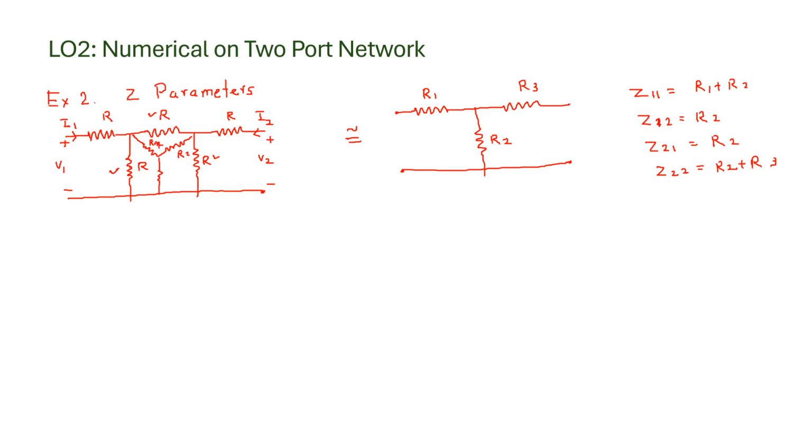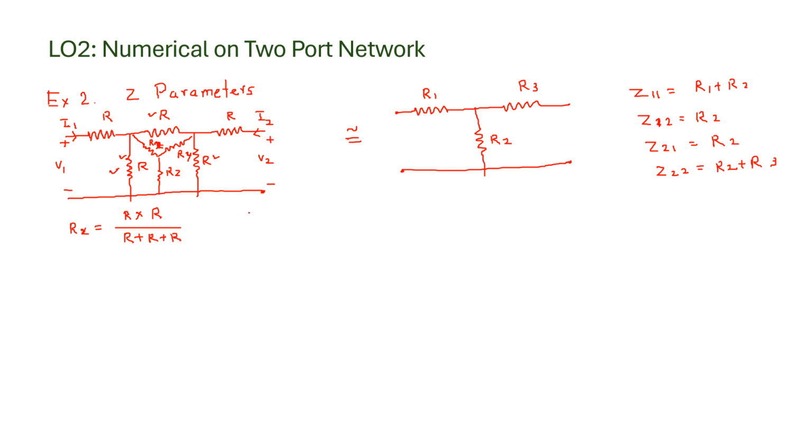I will take Rx, Ry and Rz, better. So what will be the value of Rx? Rx is equal to this resistor into this resistor, that is R into R, divided by the sum of the three resistors, so R plus R plus R.